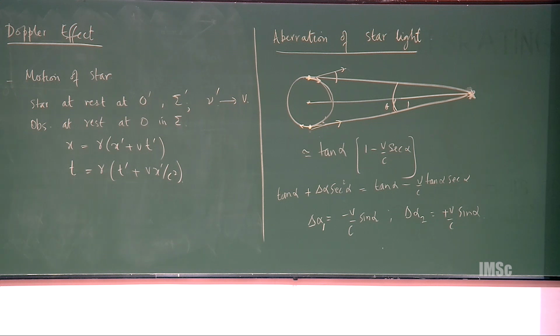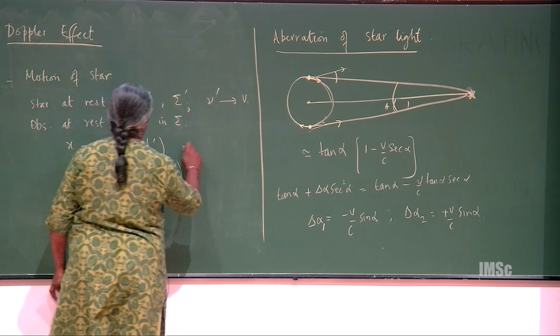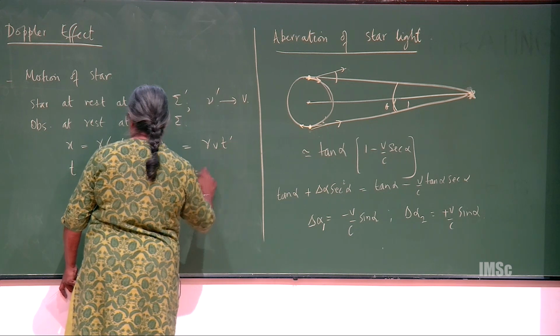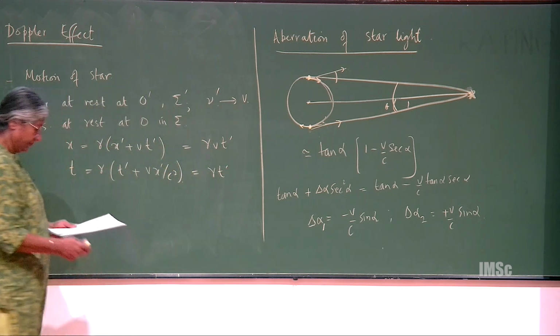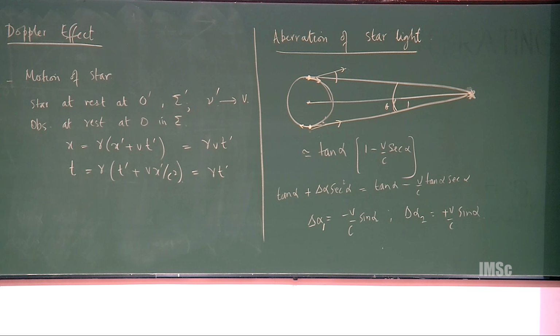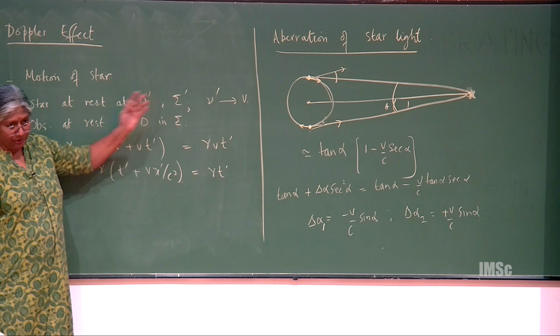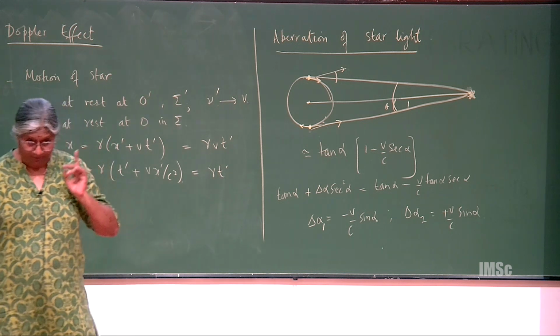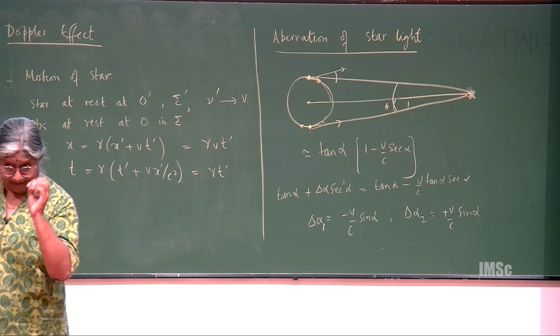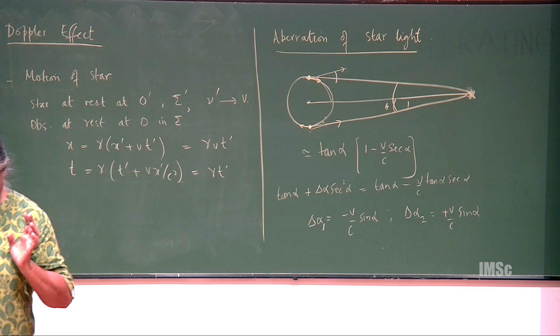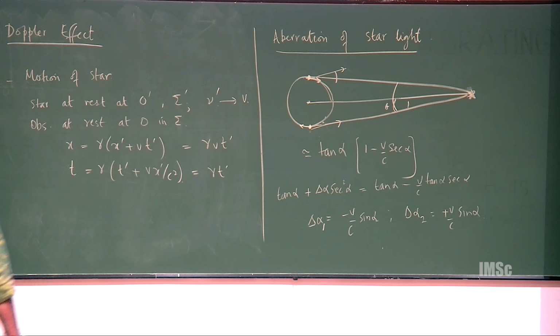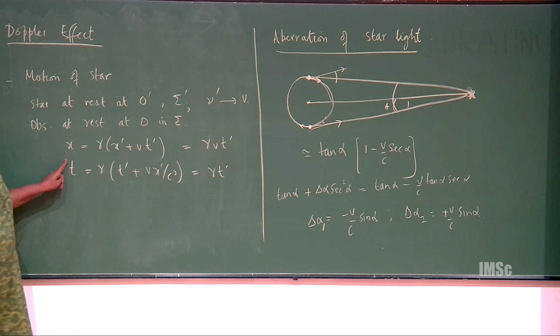But now we are sitting in the origin, so suppose I have t prime equal to 0. When t prime equal to 0, t is equal to 0 because we have coincided our origins at t prime equal to t equal to 0. Let us say that at t prime equal to 0, this first wave was emitted, but that is observed at a point x in sigma.